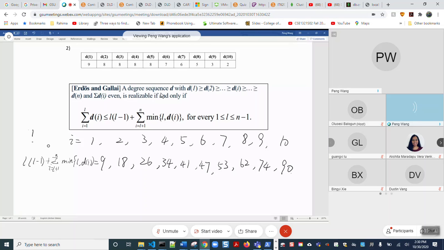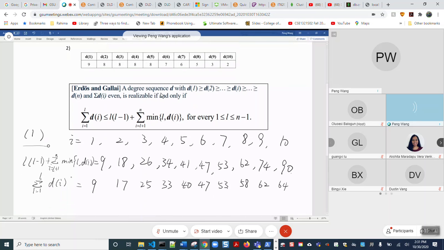This is for the first part, and the left part is the sum of i equal to 1 to l of d_i, and it is equal to 9, 17, 25, and 33, and 40, and 47, and 53, and 58, and 62, and 64.